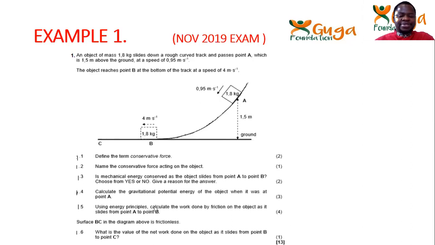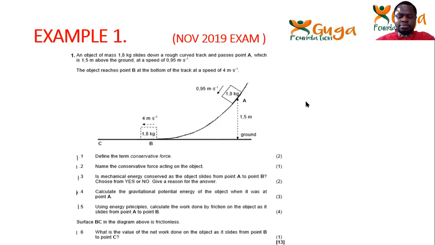Use the energy principles to calculate the work done by friction on an object as it slides from point A to B. Here you can use mechanical energy. Work net is equal to work done by friction, and so we can say work net is equal to change in kinetic energy.